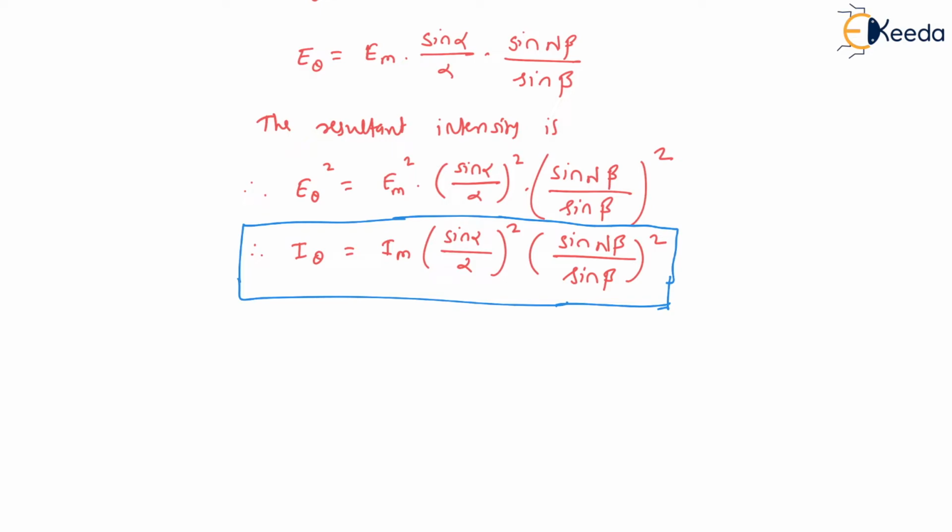Again, just like the double slit experiment, here also we can identify which one is the diffraction component and which one is the interference component.